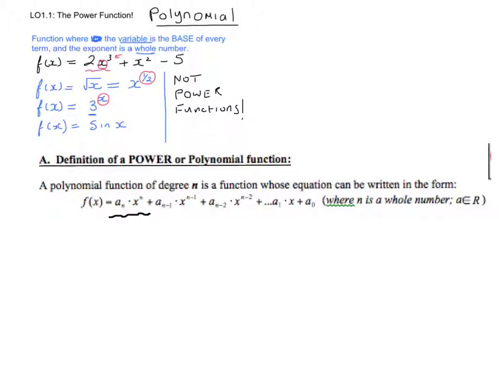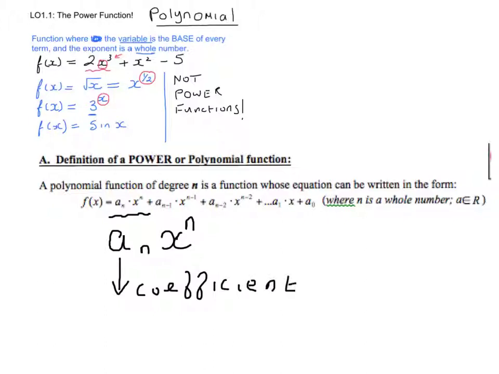Every term has this form, a sub n x to the power of n, or quite simply a number times a power of x. a sub n is quite simply the coefficient of the term. You know that word, the number that goes with the variable in a term. And x to the power of n is the variable raised to a power.